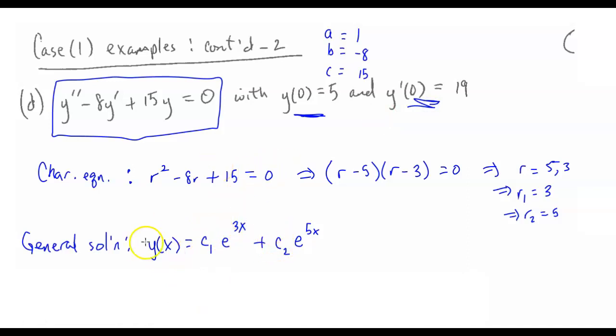So to do that, we are going to need the first derivative because of this initial condition. So I'm going to go ahead and find that out now. So from knowing the general solution, we're going to get the first derivative of the general solution. Of course, our constants we ignore. The derivative of e raised to the 3x is just 3 times e raised to the 3x.